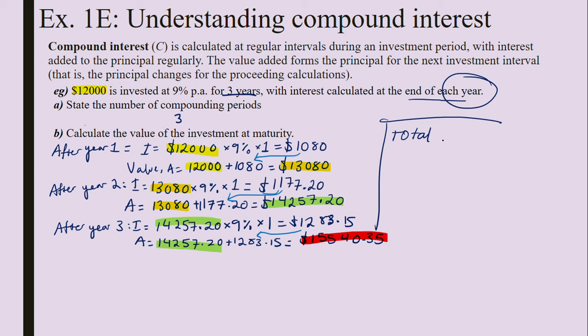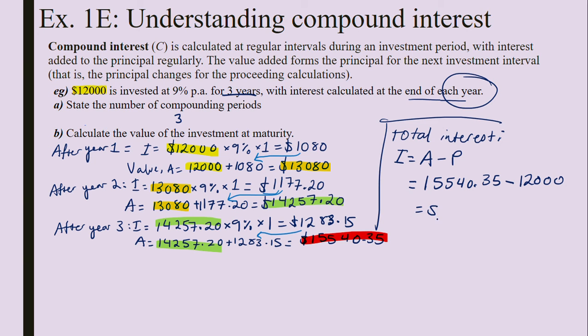Sorry guys, okay. So the total interest, if our total value A was $15,540.35, which we got highlighted in red here, and the original amount that we invested was $12,000, then the total amount of interest earned during this period is $3,540.35, which is a lot of interest.